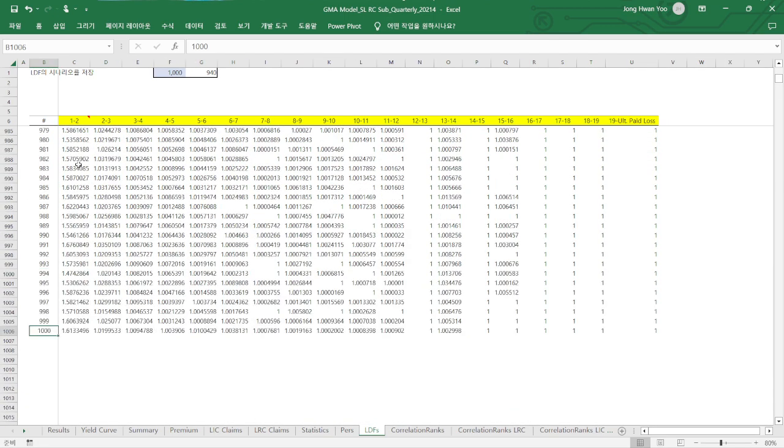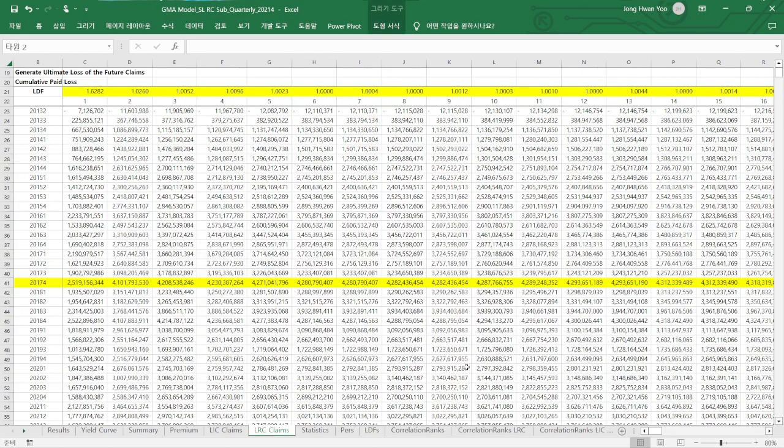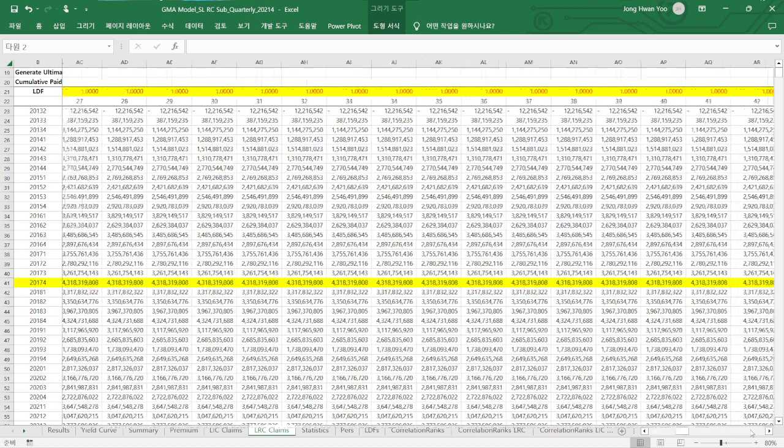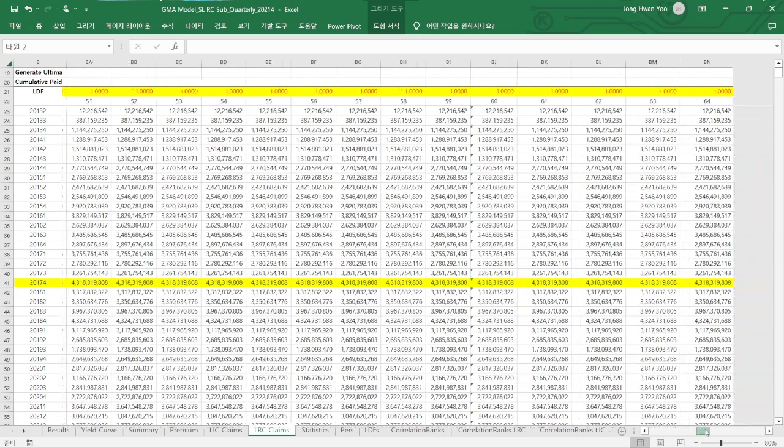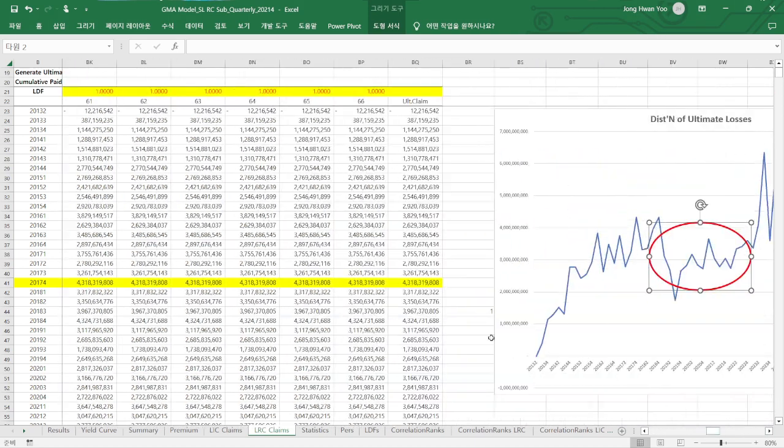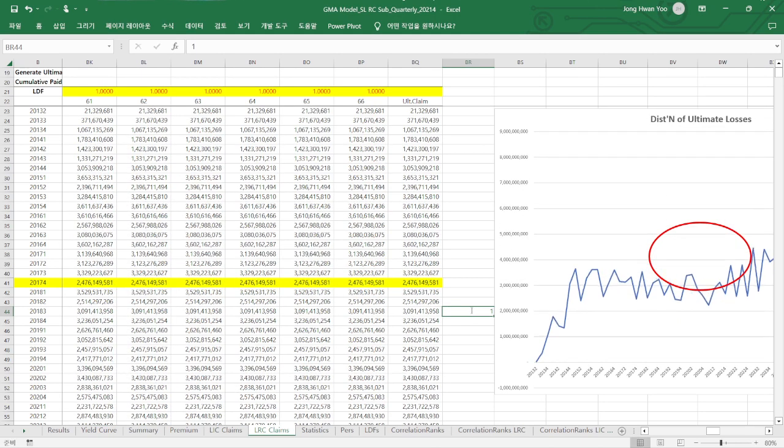So each development quarter, I save it out of 1,000, let's say, samplings. I saved it, and once I have the ultimate claims there, I randomly select LDF. And when I run the 1,000 times, it randomly selects the LDF out of those saved LDFs, and you apply it, right?